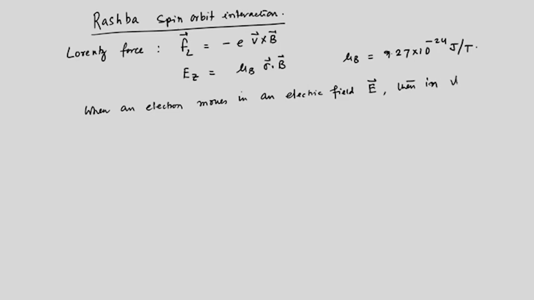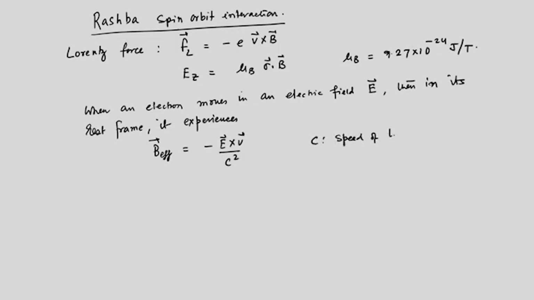In its rest frame, it experiences an effective magnetic field B effective, which is given by minus E cross v divided by c squared, where c is the speed of light. This is electrodynamics; you can check Griffiths' book.